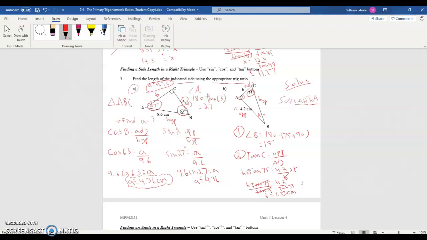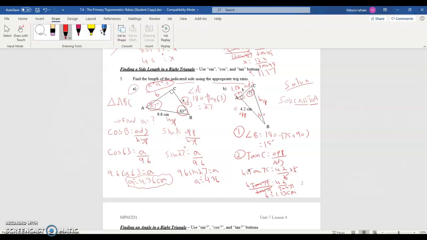Centimeters. So B is approximately 1.13 centimeters. So what we've done is we found side B, we found angle B.